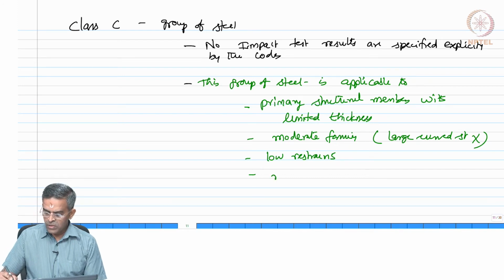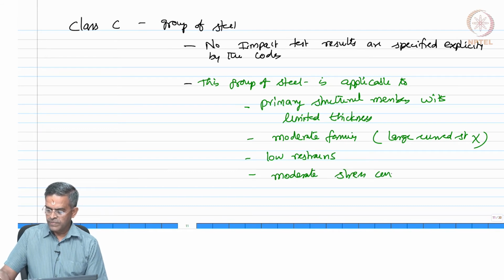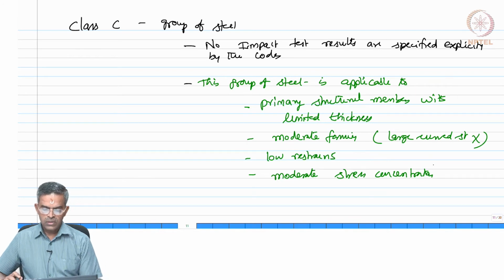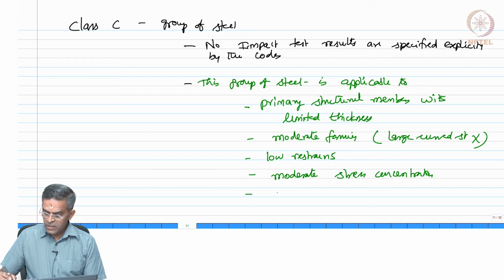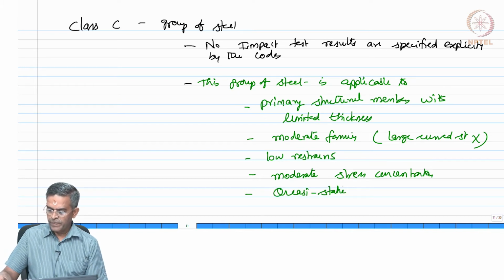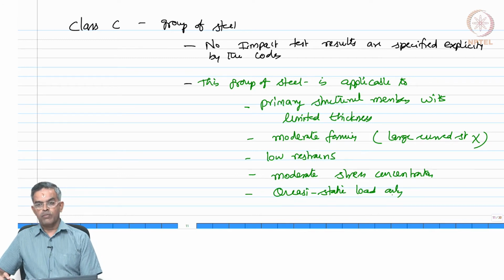When you have moderate stress concentration, you can use this group of steel. When the structure is subjected to quasi-static loading, you can use this group of steel.